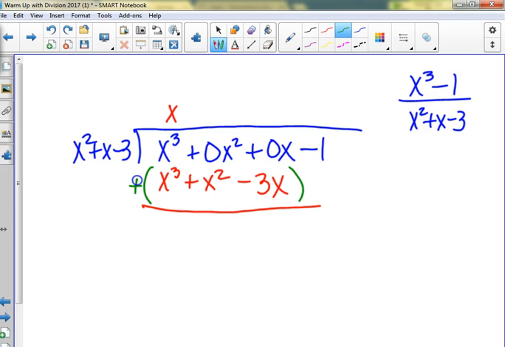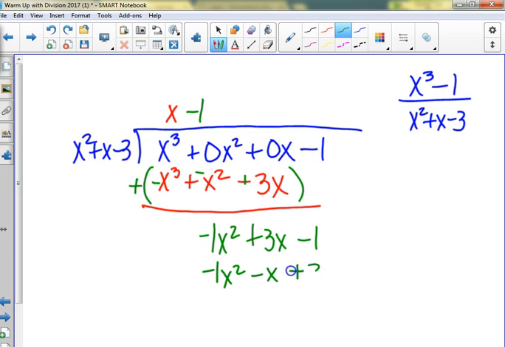So if we distribute this negative through here, we'd get a negative 1x squared plus 3x minus 1. You can multiply by a negative 1. Good call. Which will be a negative 1x squared minus an x plus 3. What still happens? We're subtracting, which will change it to adding the opposite.